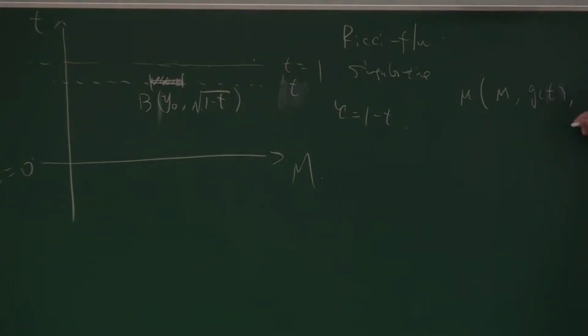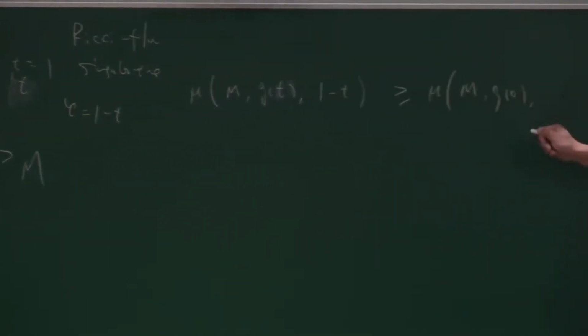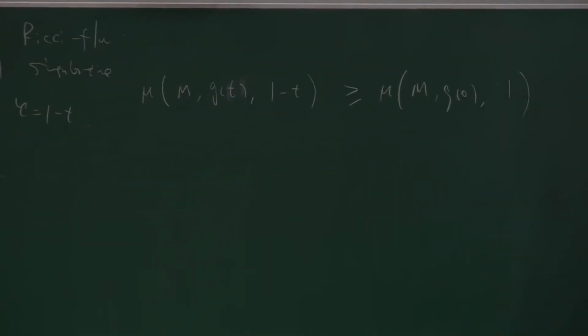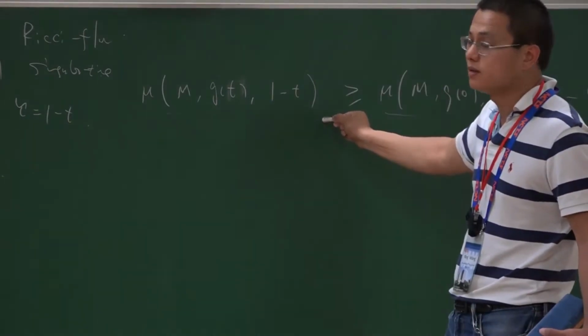at the time t with tau equal to 1 minus t, which is greater or equal to a number, but for the initial manifold this is a bounded number. For the initial manifold, you have the mu functional bounded from below.